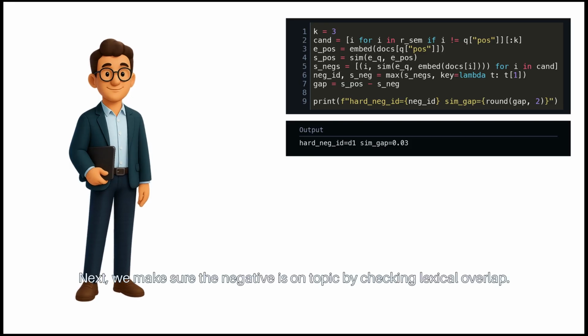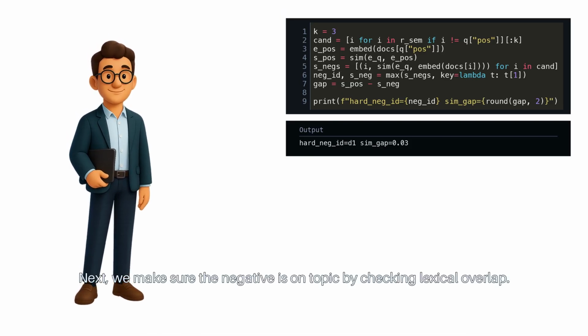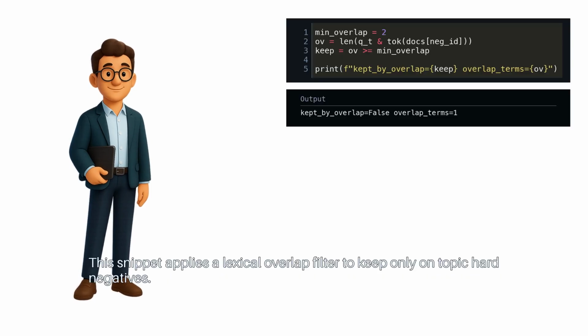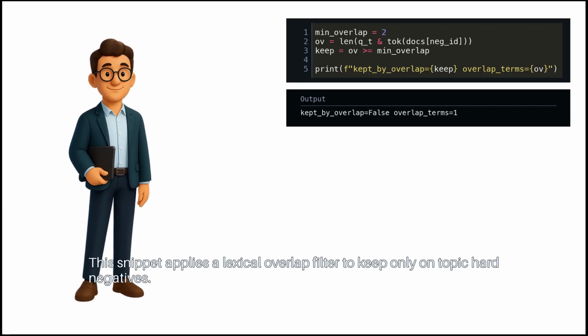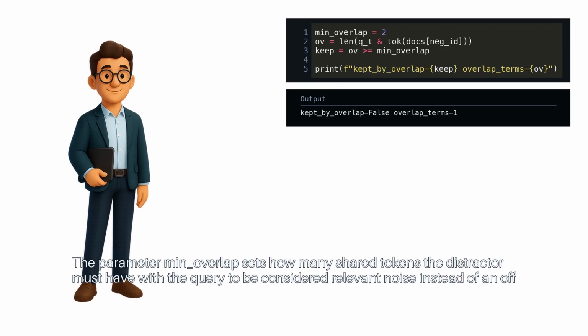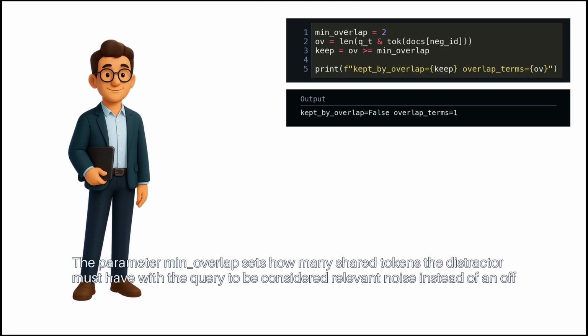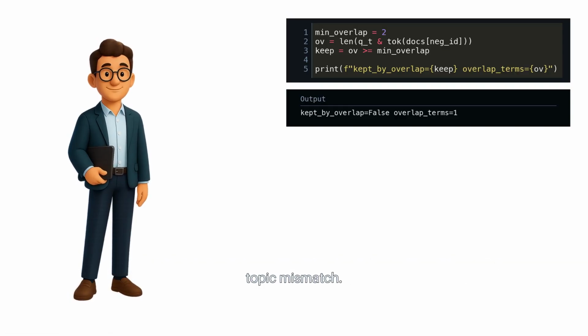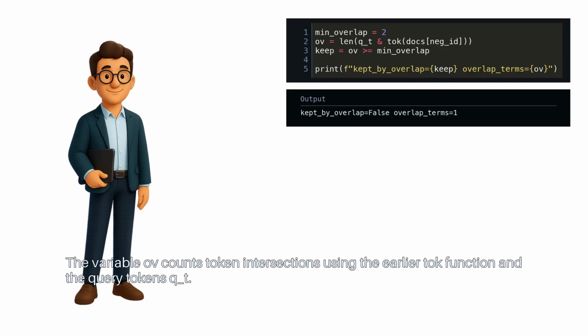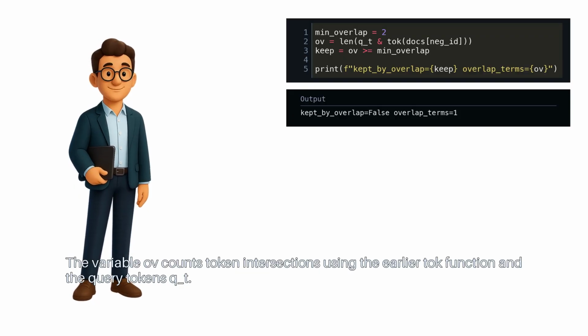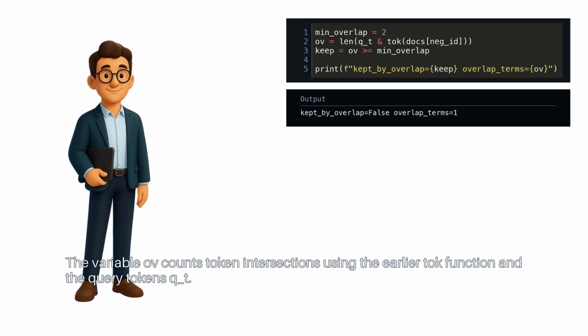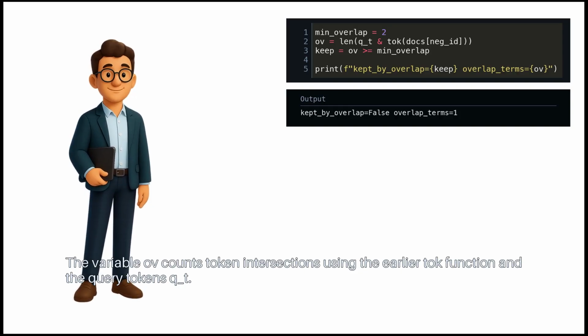Next, we make sure the negative is on topic by checking lexical overlap. This snippet applies a lexical overlap filter to keep only on-topic hard negatives. The parameter min overlap sets how many shared tokens the distractor must have with the query to be considered relevant noise instead of an off-topic mismatch. The variable OV counts token intersections using the earlier toke function and the query tokens QT.